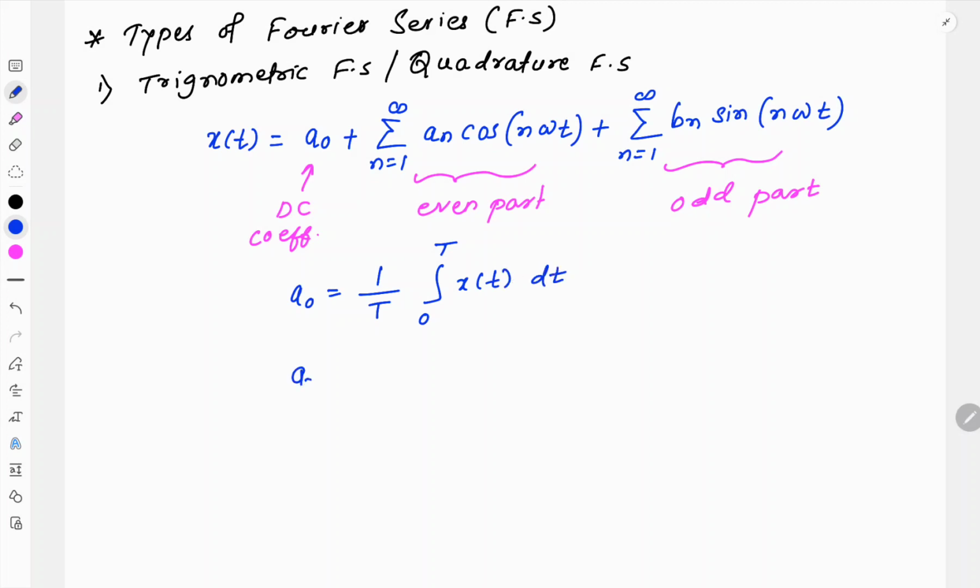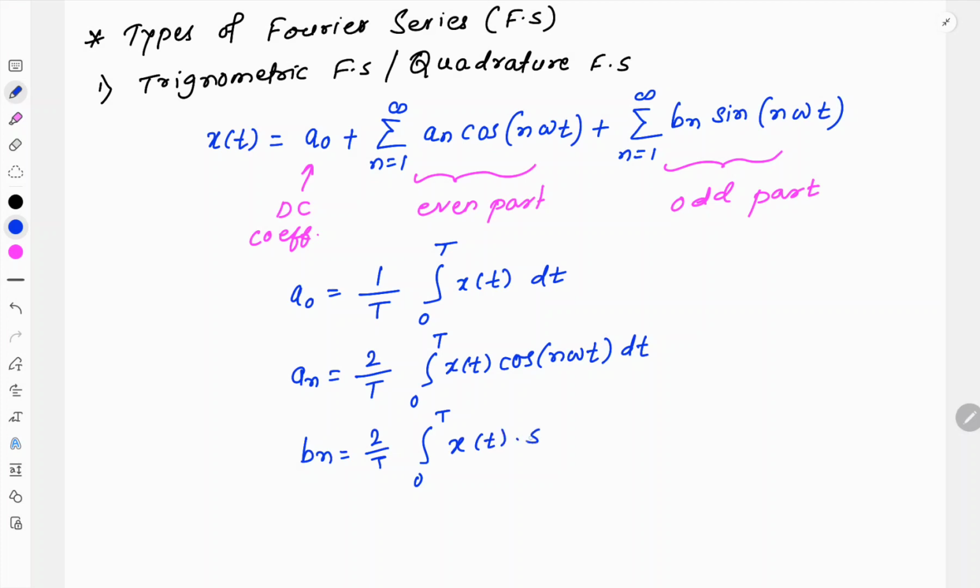Similarly, an is equal to 2 by T integration over a single period x of t into cos of n omega t dt, and bn is given as 2 by T integration over a single period 0 to T x of t into sine of n omega t dt.